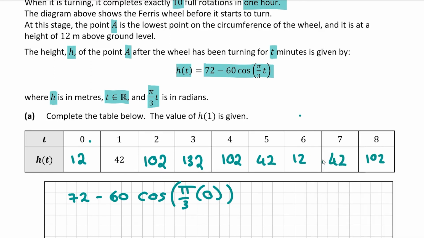I have all my values filled out now. So that's all you need to do for that question.